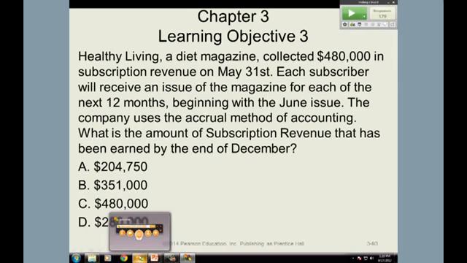And then, of course, on December 31st, they have to record the amount of revenue that is earned. So what's the entry there? Debit the unearned and credit the service revenue.